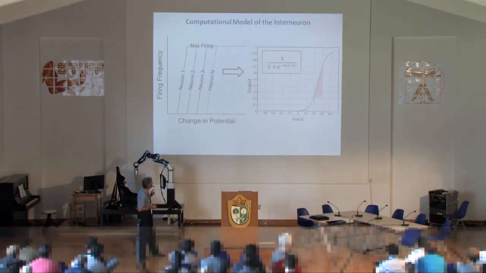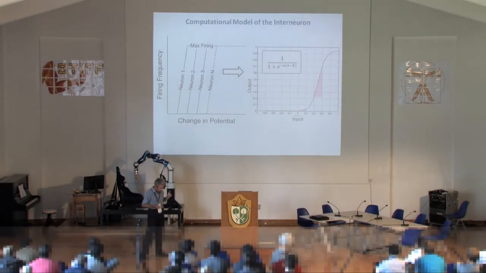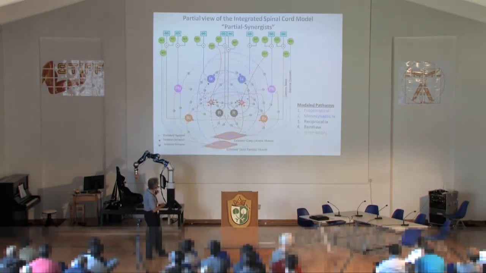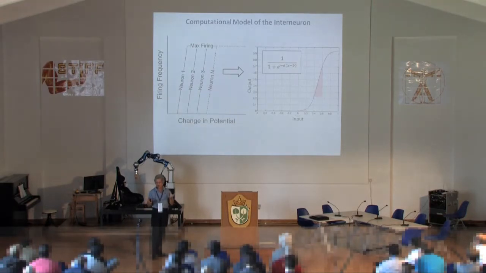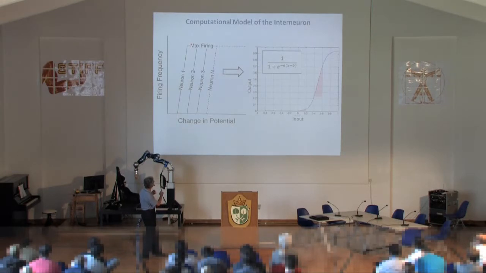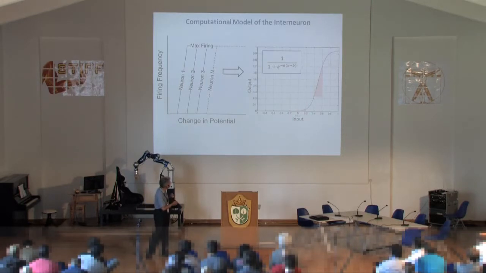One last thing about the property of all of those points is that where they come together at these interneurons, the interneurons have basically that sort of input-output function, because each of them is really a population of cells. And even if the individual cells have a sort of a linear firing rate versus their driving potential, and then they saturate, a population of these all starting at different potentials would have an approximate input-output relationship that's sigmoidal.